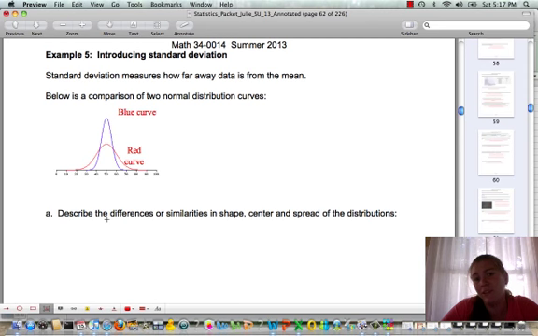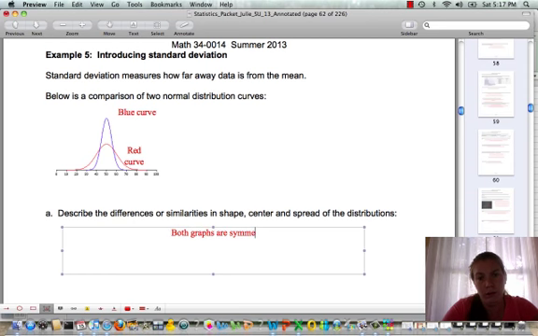So we want to describe the differences or similarities in the shape, center, and spread of the distributions. So both graphs are symmetric. They're also both centered in the same spot at 50.